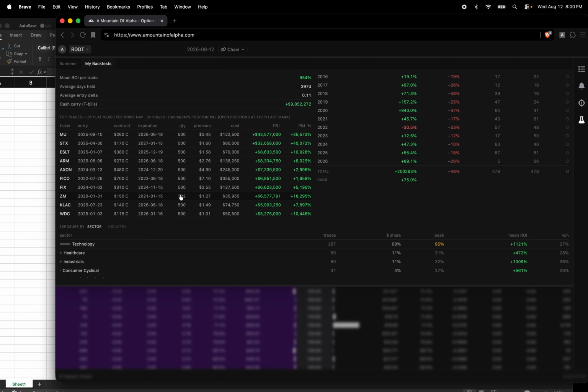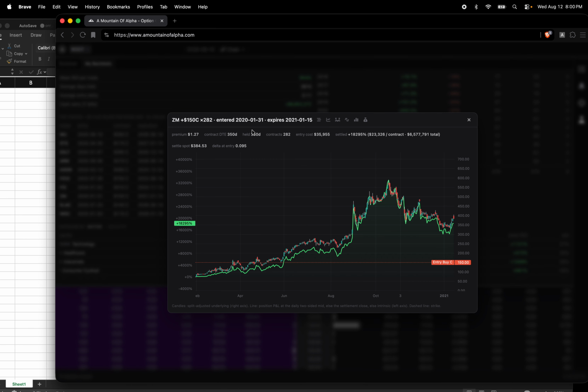But the idea here is that you take on trades that you see. $1.27 here, and it bought the 150, so that's about 1%, somewhere in there. And delta at entry was a 10 delta, and you're trying to capture the tail of the distribution. You see, at one point it was up 33,000%, but you don't cut off the return profile because the stock market is a power law.